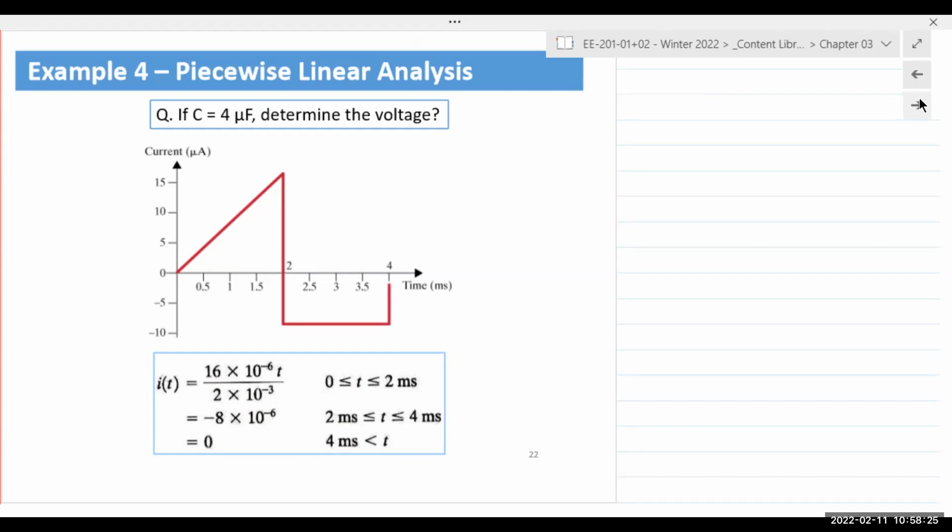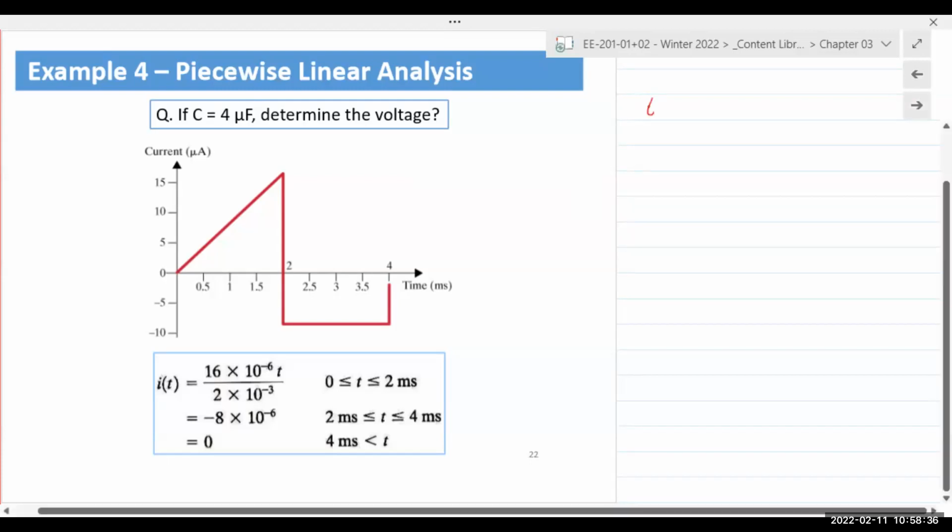However, we break it up into individual pieces, and each individual piece has a linear relationship. So if we break it up into 2 pieces, T1 can be from 0 to 2 milliseconds, and T2 would be from 2 to 4 milliseconds.